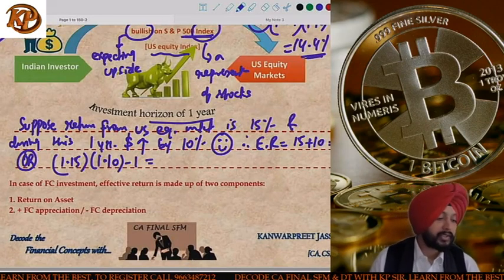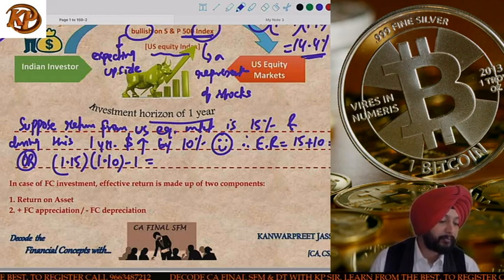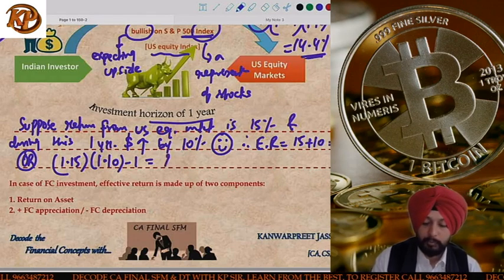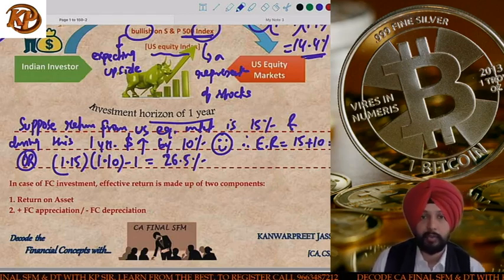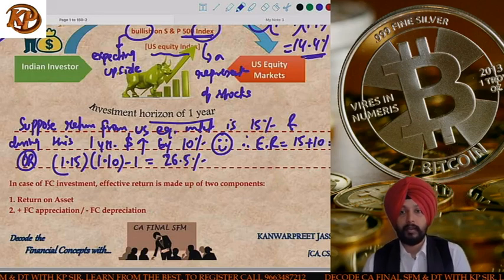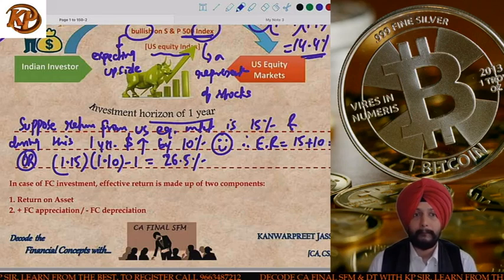What we do is the compound effect. I think you will get 26.5%.